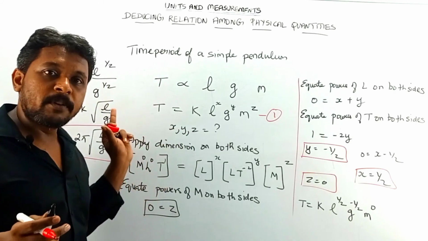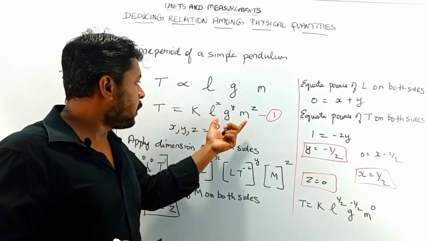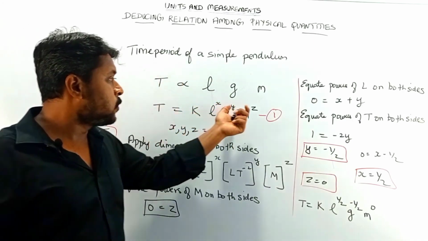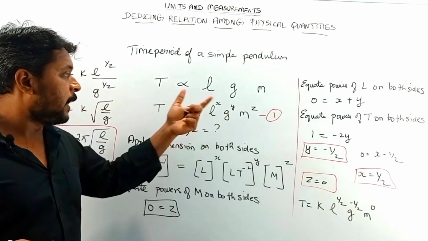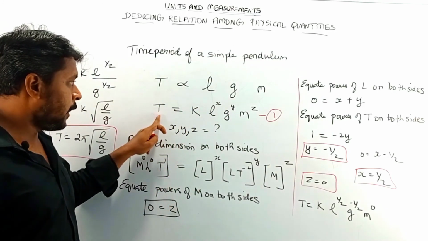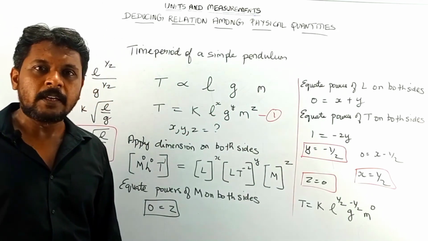You know the dimensions of each quantity, and you raise the independent variables to some powers. You find the values of the powers and substitute them, so you can easily find the relationship between the dependent variable and the independent variables. Okay, thank you.